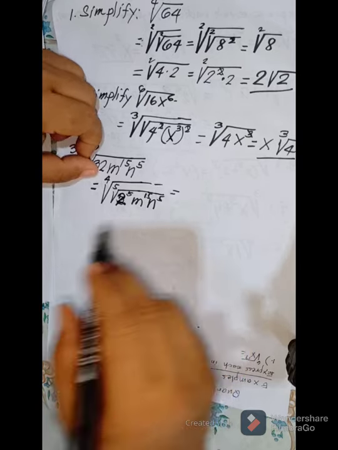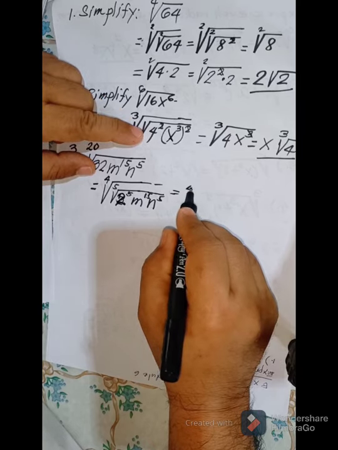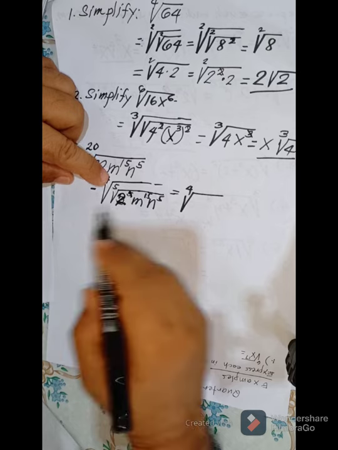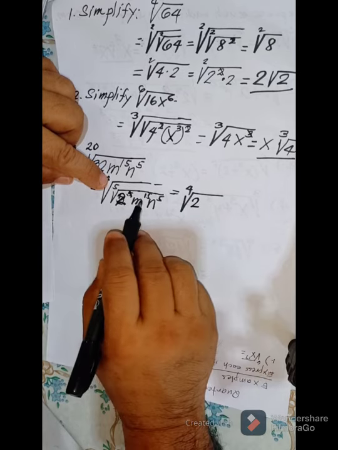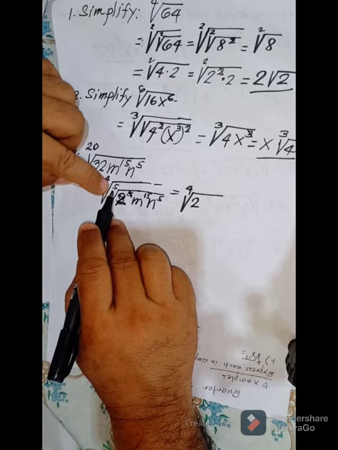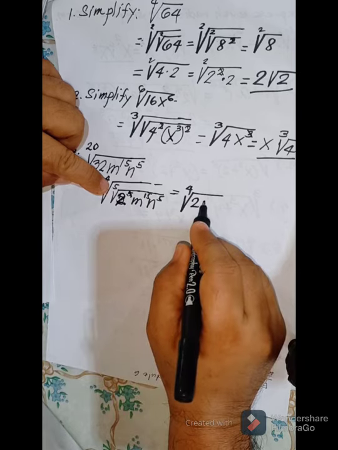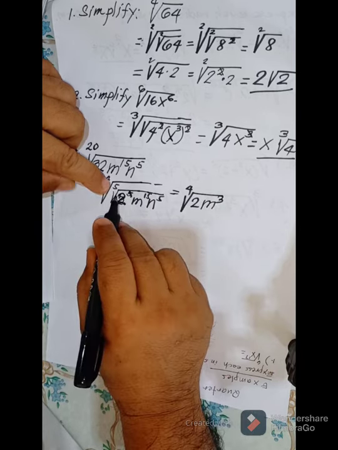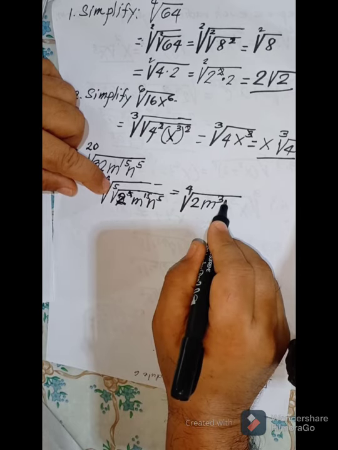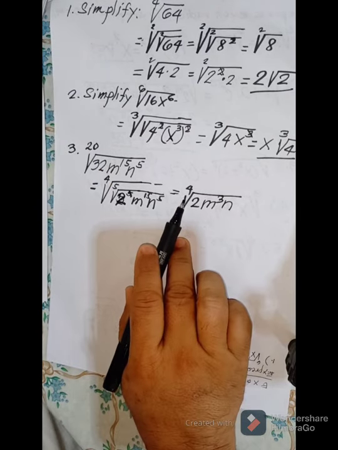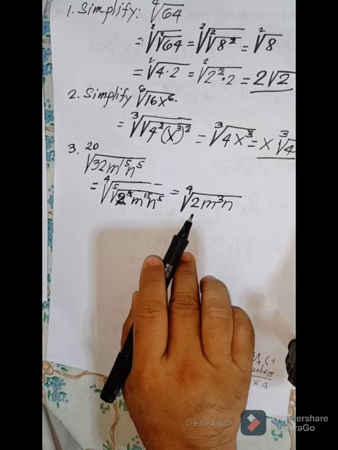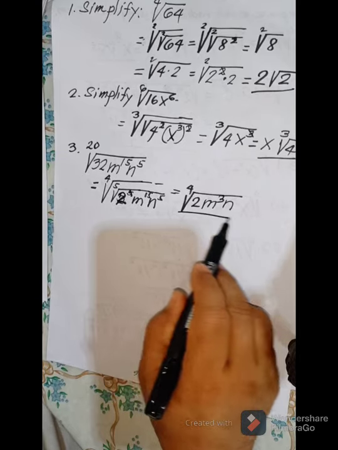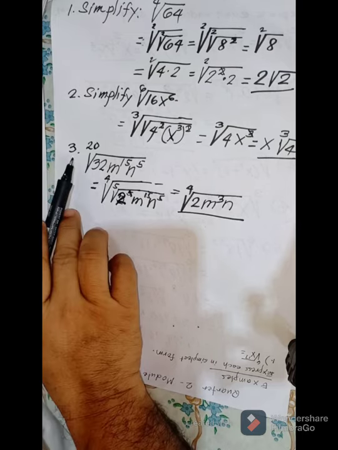Cancel 5, so we have 2. 15 divided by 5 is 3, so we have m cubed. 5 divided by 5 is 1, so we have n. So the fourth root of 2m cubed n is the simplest form of number 3.